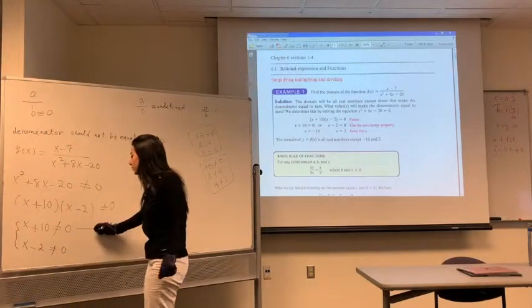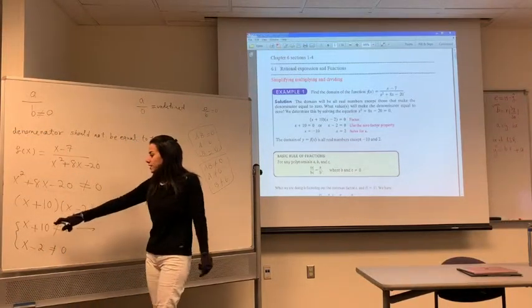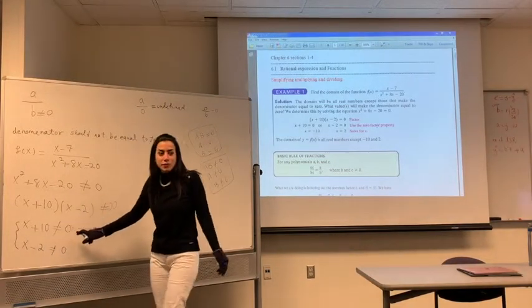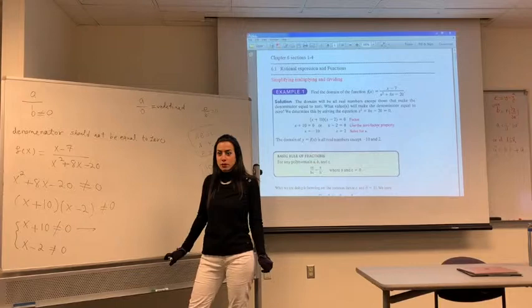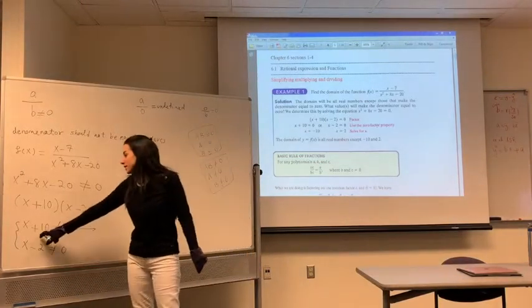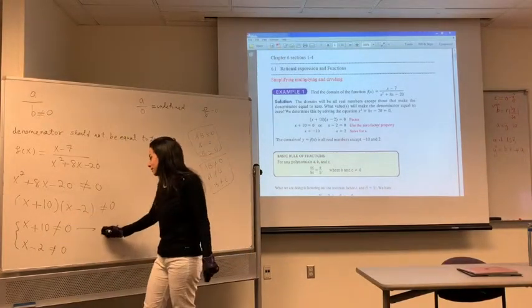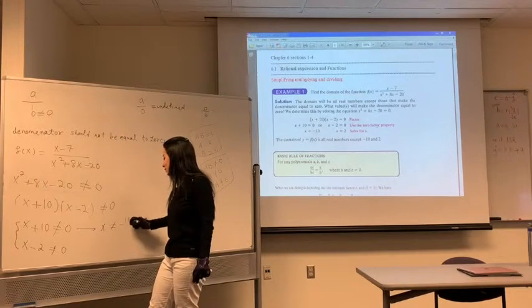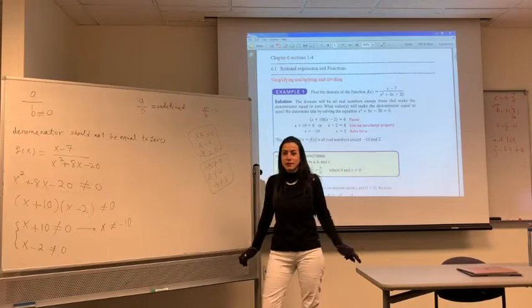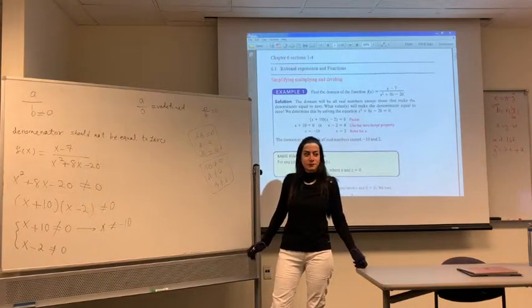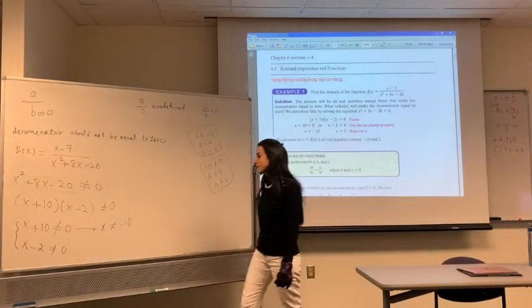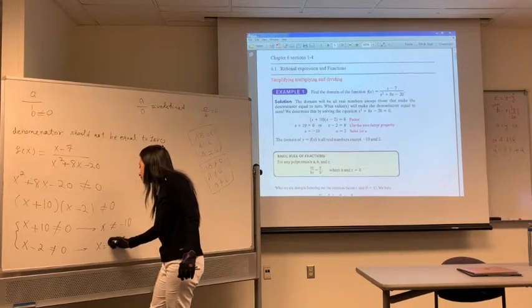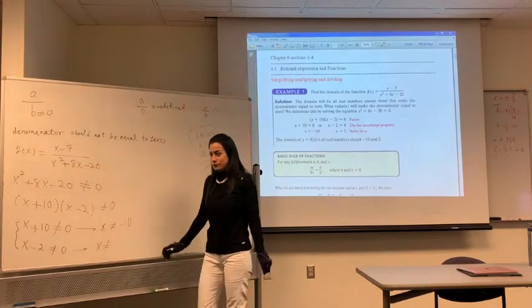Then we can solve this. If x plus 10 is not equal to 0, bring 10 to the other side: x should not be equal to negative 10, correct? And here, x should not be equal to 2.